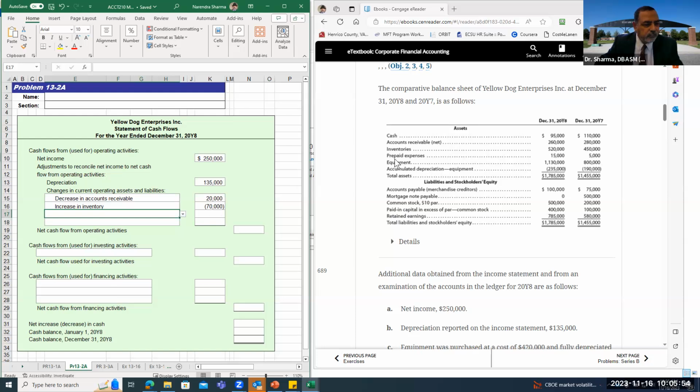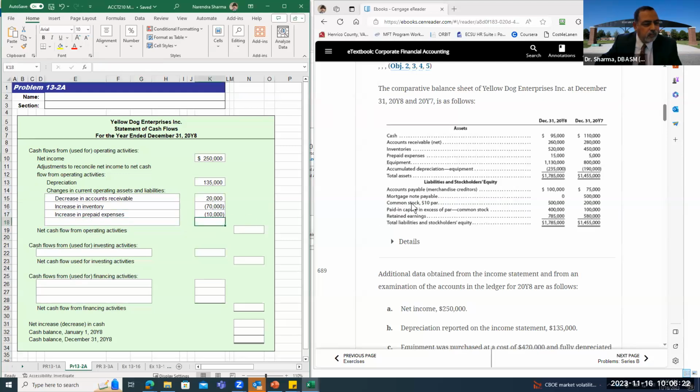Continuing with the other current asset, prepaid expenses, which has also increased, so it's going to be minus. The increase was from 5,000 to 15,000, so that will be minus 10,000, an increase in prepaid expenses.